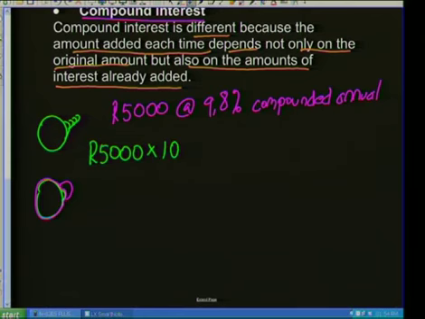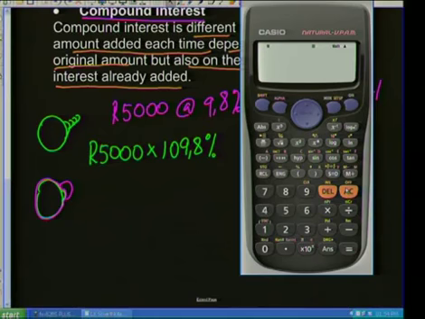And I like to increase by multiplying by 109.8%. So whenever I increase by a percentage, I always say 100 plus the percentage that I'm increasing it by. So let's get my calculator out. My 5,000 times by 109.8%. And I should end up with the same answer, 5490.